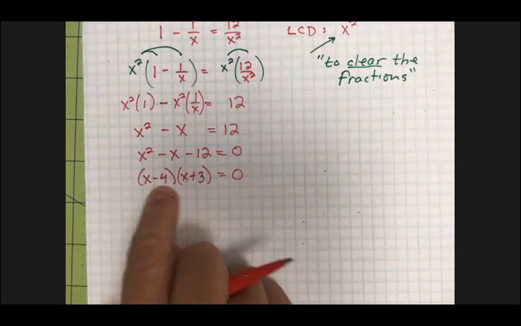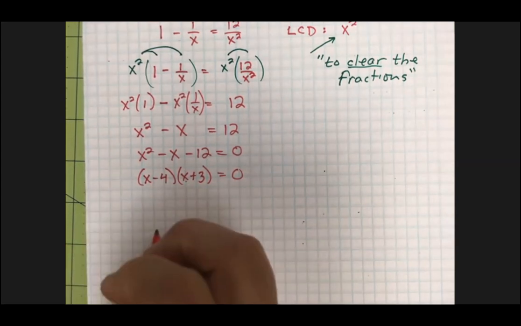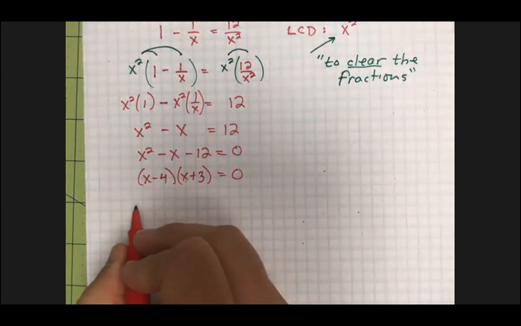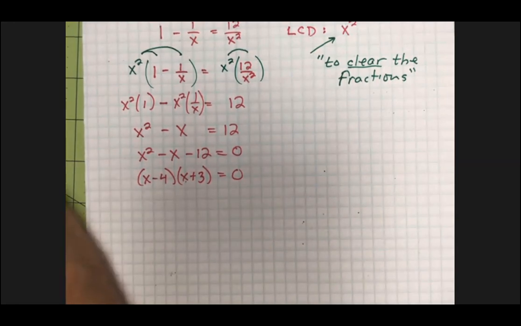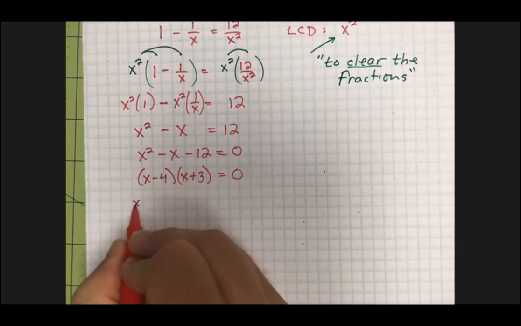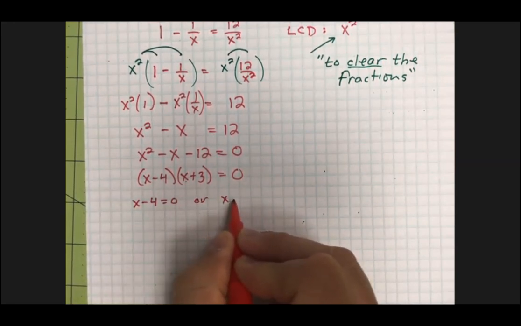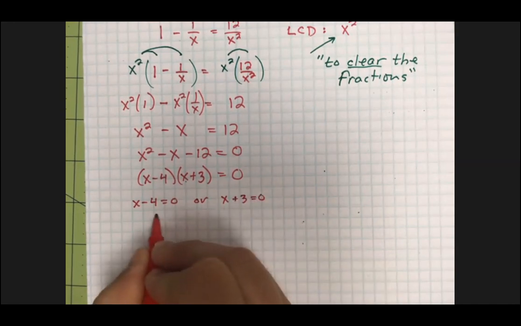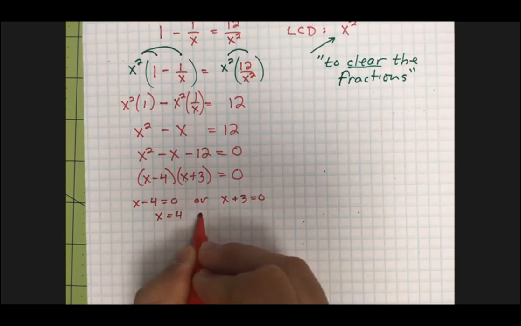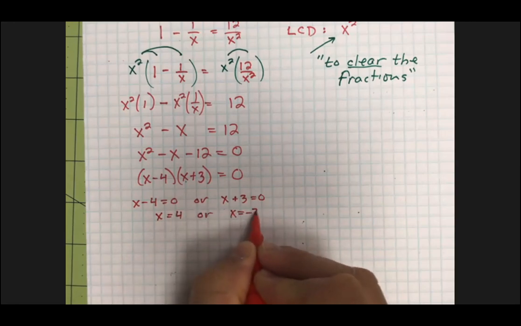So if I multiply these two things together and get 0, one of them has to be 0. And I will write, either x minus 4 is 0 or x plus 3 is 0. So this means either x is 4 or x is minus 3.